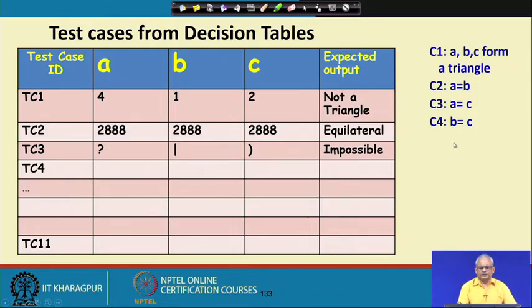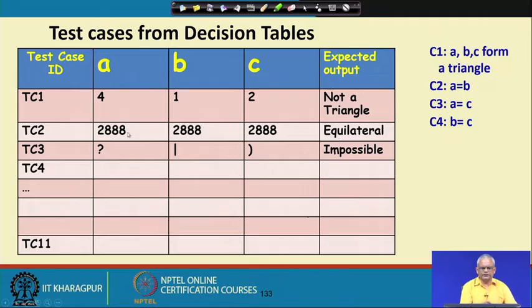If C1, that a, b, c is not a triangle, is true, then the display will be not a triangle irrespective of the conditions C2, C3, C4. We can write the specific values which will satisfy condition 1, which is 4, 1, 2, and then we say the expected output is not a triangle.